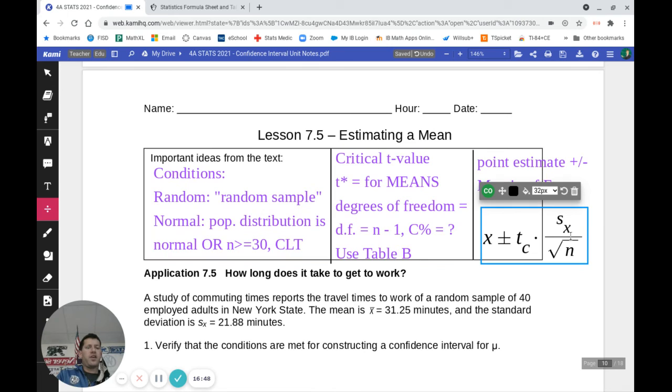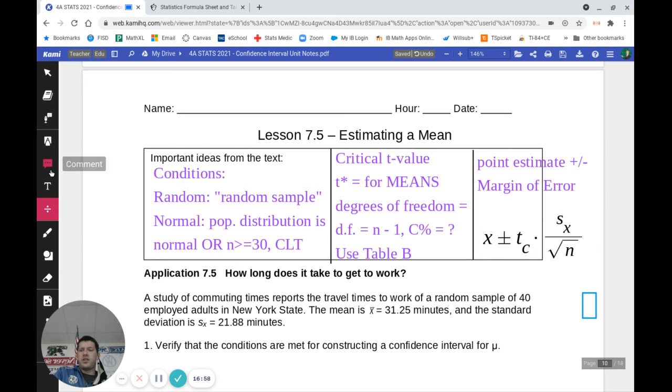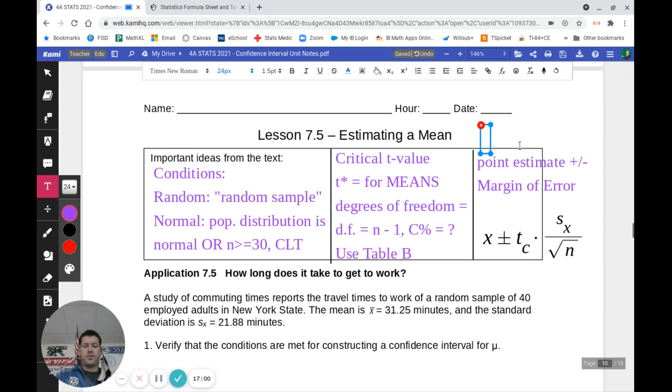So we found the standard deviation, or we were given the sample standard deviation, and then we divided by square root of n, and then we did this multiplication in our problem earlier. So this is to actually calculate a mean confidence interval.